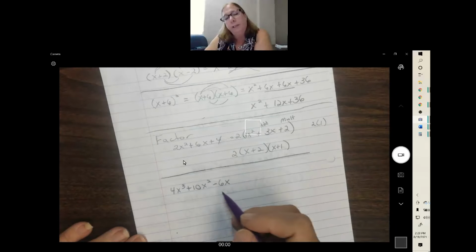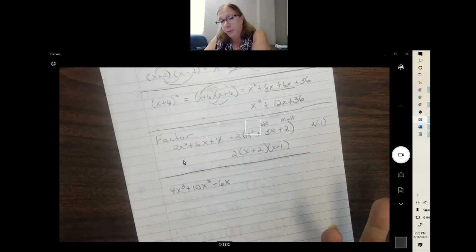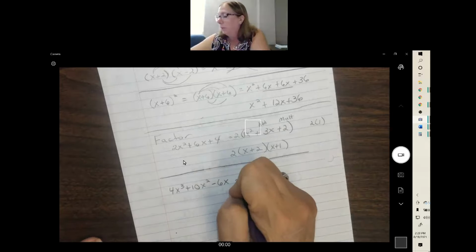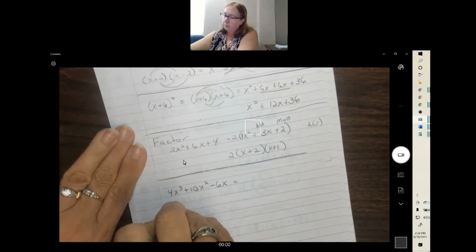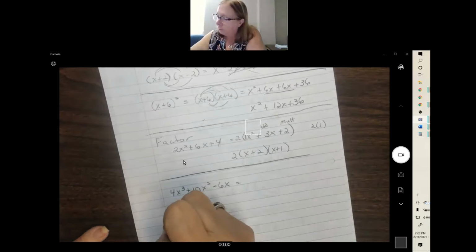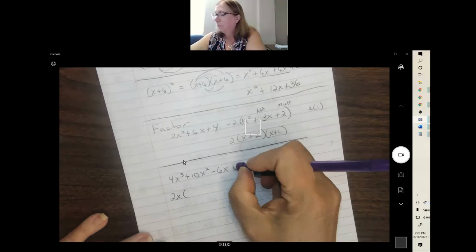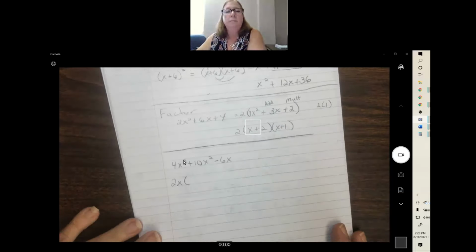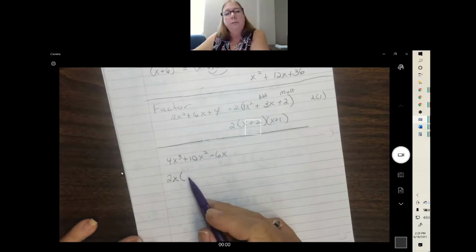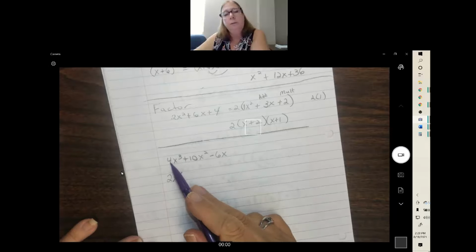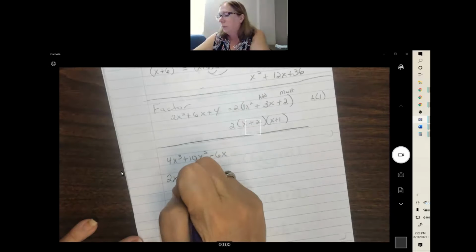When you're factoring out, you have to take the x to the lowest exponent. So we could pull out, I'll put it down here, a 2x. So if we pull out 2x, we're left with 4 divided by 2 is 2.